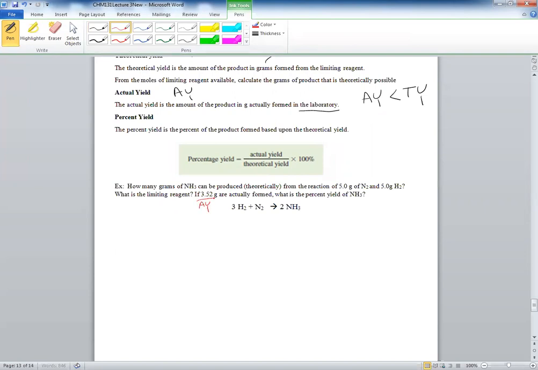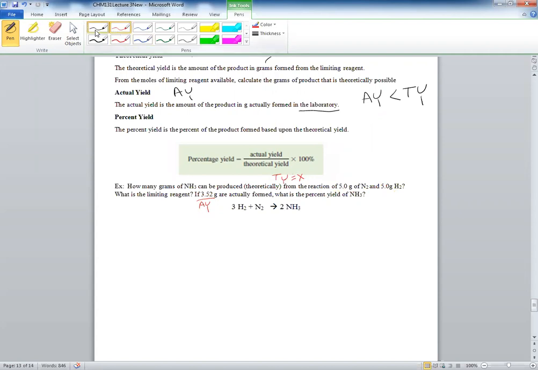It says if 3.52 grams are actually formed, what is the percent yield? And the question is asking for how many grams of ammonia can be produced theoretically. So you're looking for the theoretical yield from the reaction of 5 grams of N2 and 5 grams of H2.